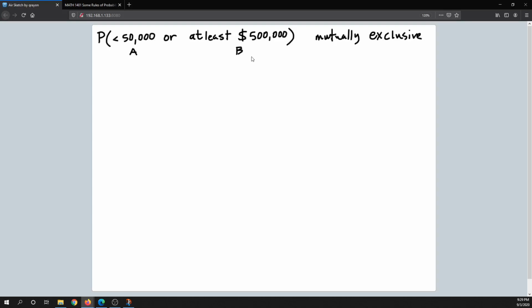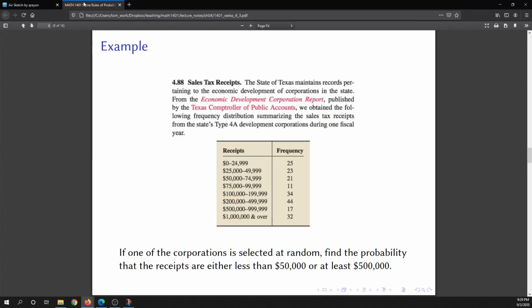The special addition rule says that's equal to the probability that it's less than 50,000 plus the probability of at least 500,000. And we don't have to subtract off any overlap, because there's no overlap between these two. Okay, and then now we would just go calculate the probability of these two events.